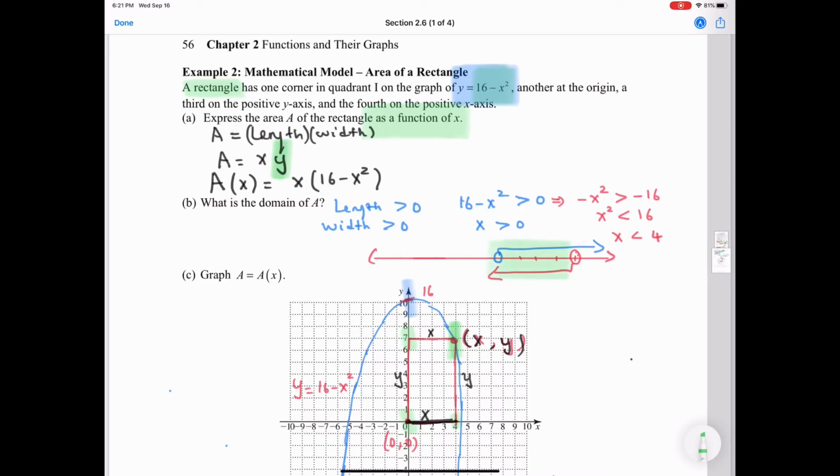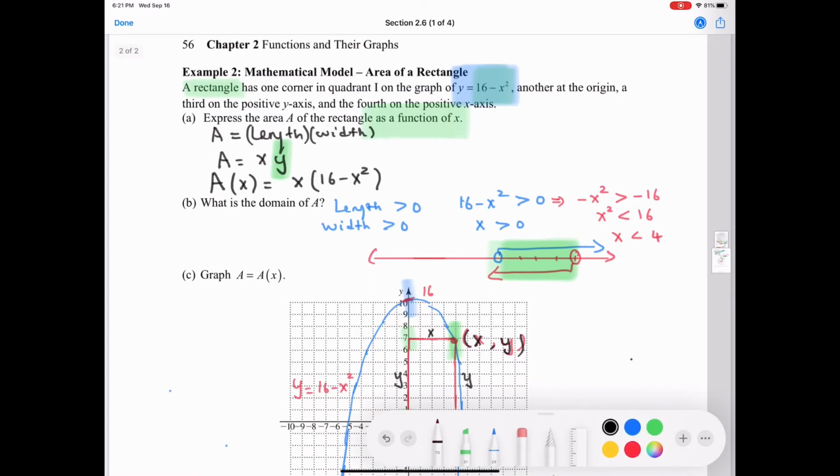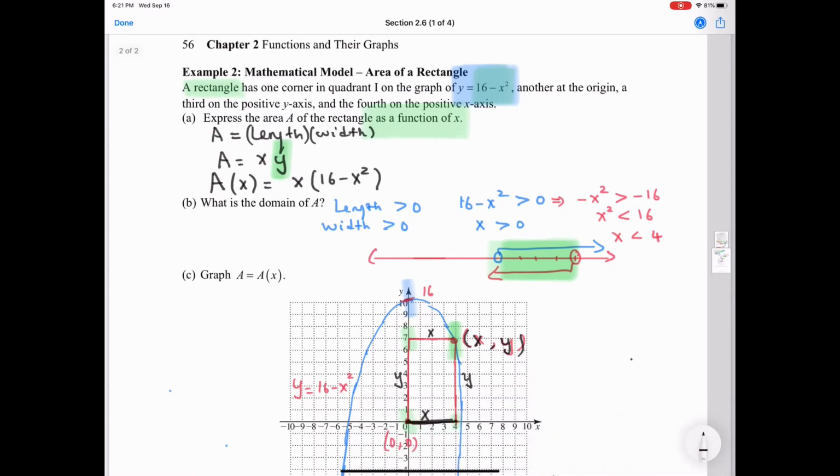So for you to have a rectangle, your x value should be between 0 and 4. You cannot have 0, you cannot have 4, because when you have 4, 4 squared is 16, and 16 minus 16 is 0.